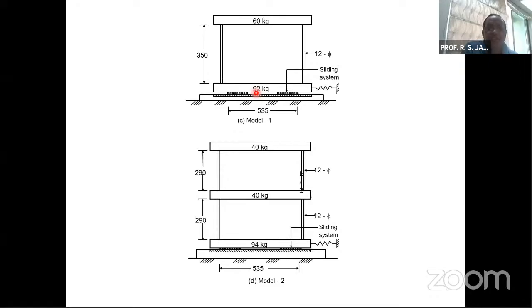So we don't want that after an earthquake, the structure resting on a sliding isolation system undergoes a permanent residual displacement, after which it has shifted from its original position by, let's say, 10 centimeters or 20 centimeters like that.